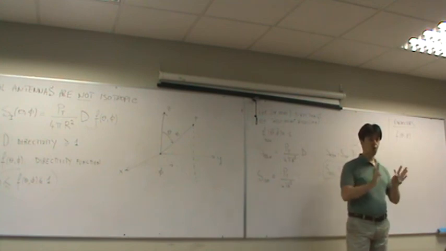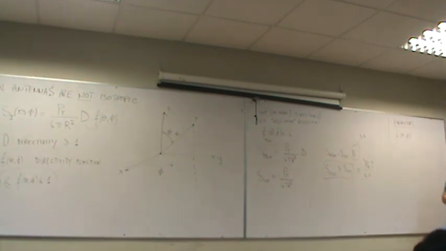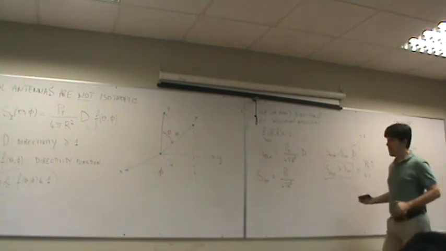So you have to choose exactly the directivity function first, with your application in mind. Then obviously polarization. Polarization, we will see, depends also on the application. Okay, what next?